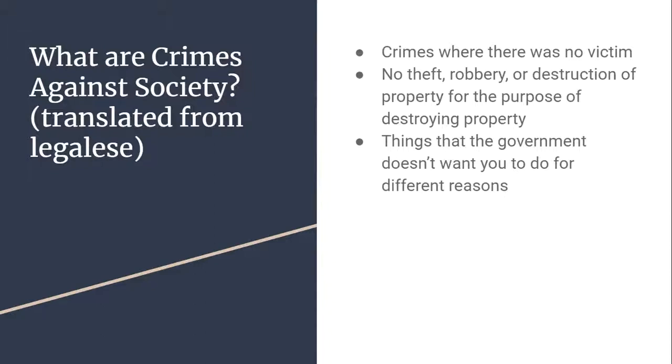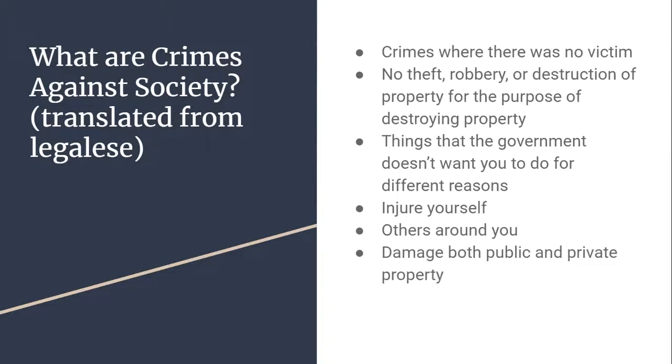The prohibitive part of that first, or should I say, second bullet point on the previous slide, basically the government wants to prevent the populace from doing certain things, so they're going to make certain things illegal. Now, the government doesn't want you to injure yourself, they don't want you to injure others around you, and they don't want you to damage either public or private property.